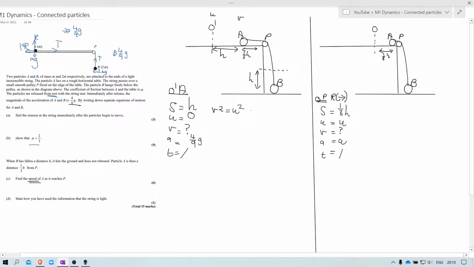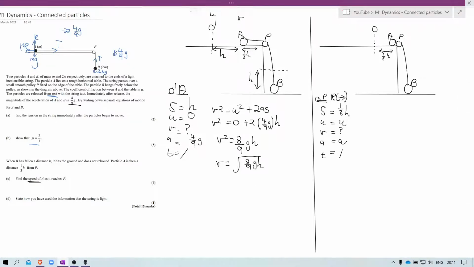Well, it's v squared equals u squared plus 2as. This is going to give us very quickly 0 plus 2 times a times s. So v squared is 8 over 9 gh. So v is equal to the square root of 8 over 9 gh.